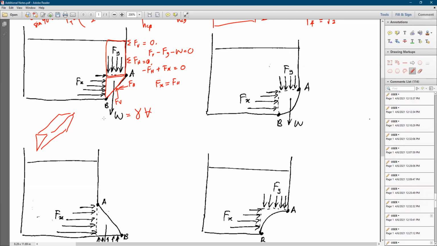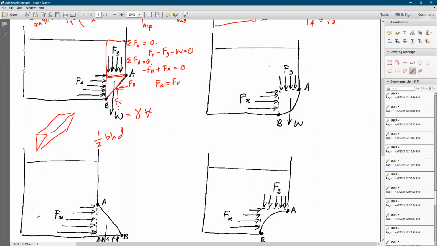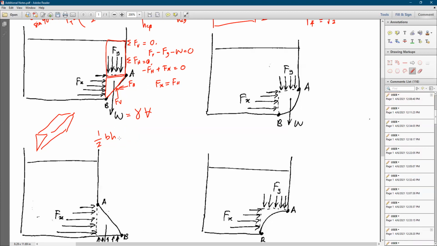It's just half base times height, or sorry, base times height times the depth of it. I might put it wrongly, but anyway, that is the idea.